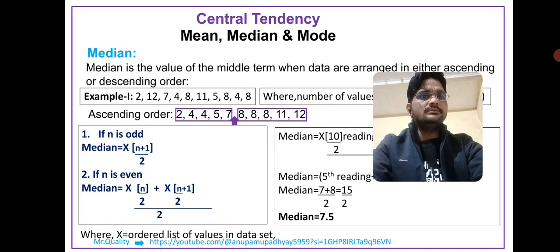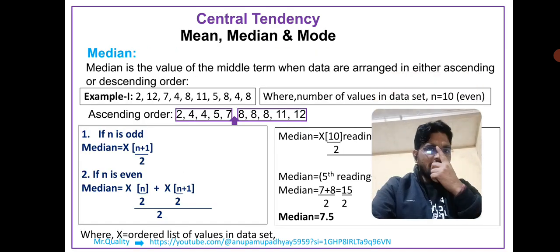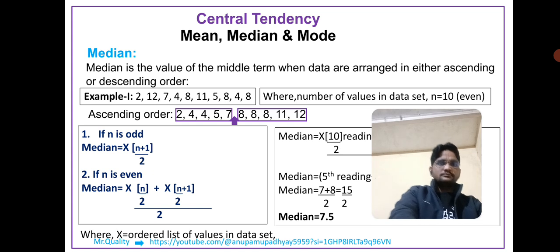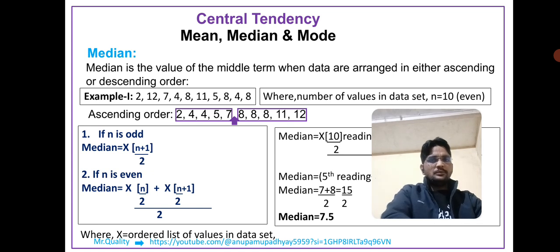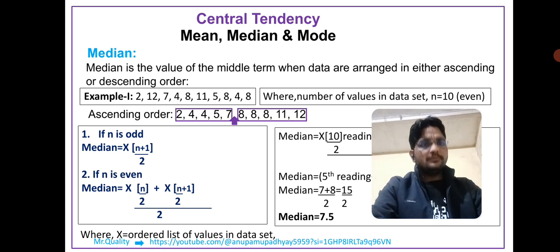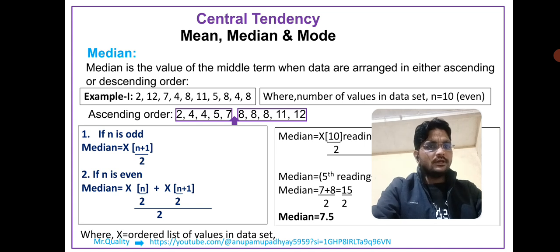Next is median. In case of median, we have two methods, depending on whether the total number is odd or even. Median is the value of the middle term when data are arranged in ascending or descending order.